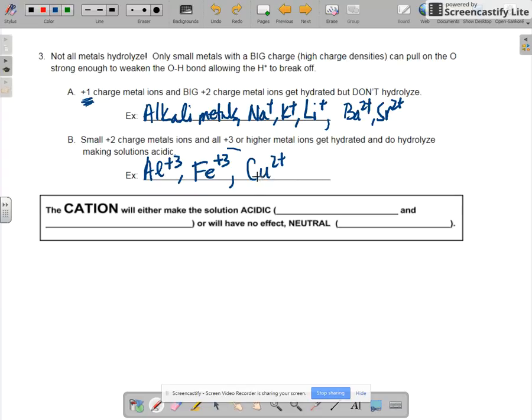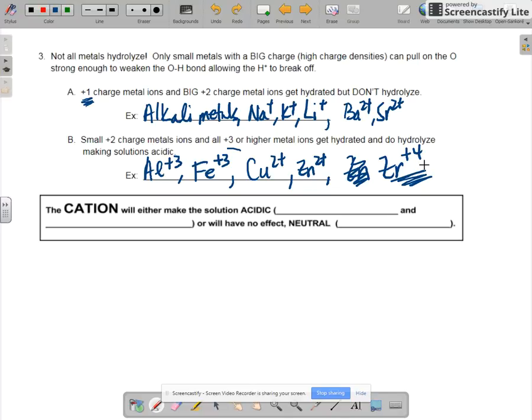As you go across the periodic table, atom size decreases, and copper is pretty far to the right. Zinc 2+ is another good example. And last but not least, if you can throw in something like zirconium, not zinc, sorry, zirconium +4, really going to hydrolyze well and make a pretty acidic solution.